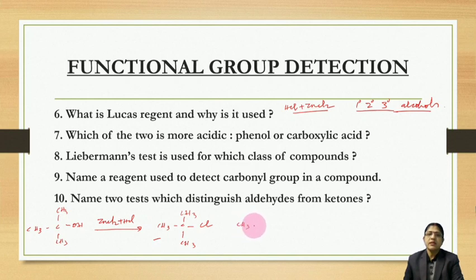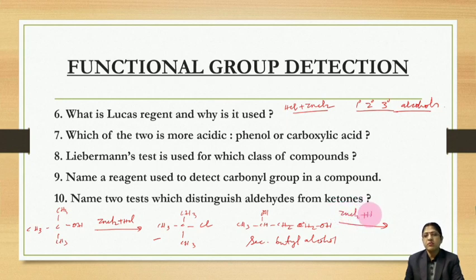If you consider secondary alcohols, secondary butyl alcohol, let us consider another one, CH3CH(OH)CH2CH3. This is secondary butyl alcohol. It also forms, when treated with Lucas reagent, an equimolar mixture of ZnCl2 and HCl, the corresponding secondary butyl chloride, CH3CH(Cl)CH2CH3. This is secondary butyl chloride, right?